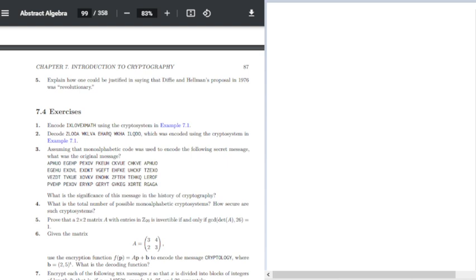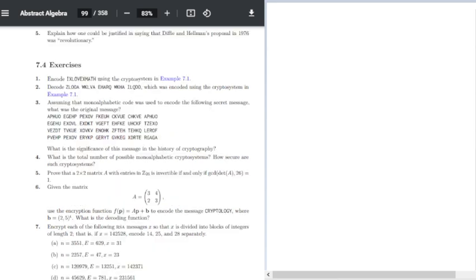Anyways, okay. So, encode I love math using the crypto system in example 7.1. So we first take I, love, math.